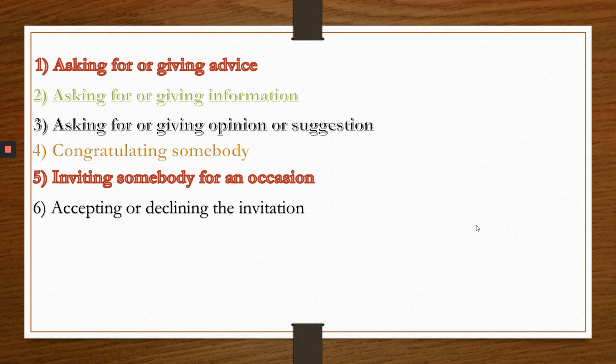If you will accept the invitation or you will refuse the invitation, in both cases you will send an informal letter. Apologizing for something. If someone asks you to do something for him or attend an occasion, you can use the informal letter to say sorry, I can't do that.